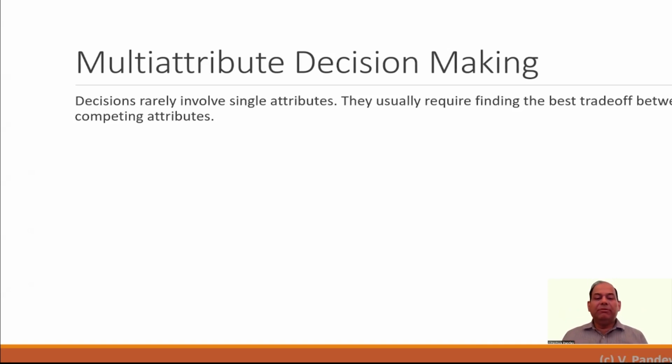For example, if we say, okay, well, all things are figured out, now we just want to reduce cost. Okay, you can talk about it in a certain small universe, but in general, almost all decisions will involve multiple attributes. And decision making requires finding the best trade-off between competing attributes. So they compete with each other.